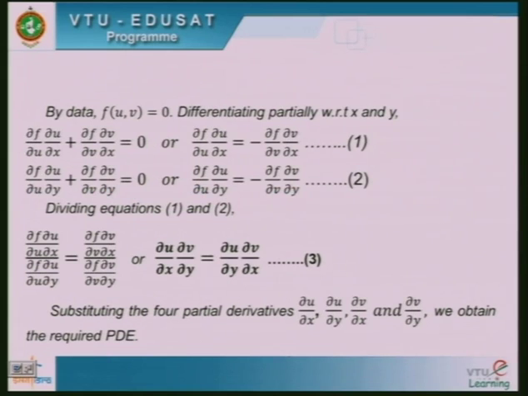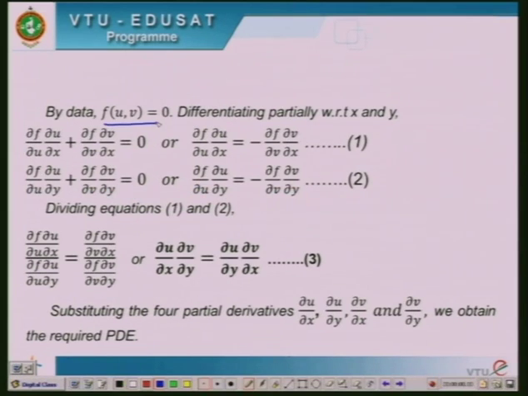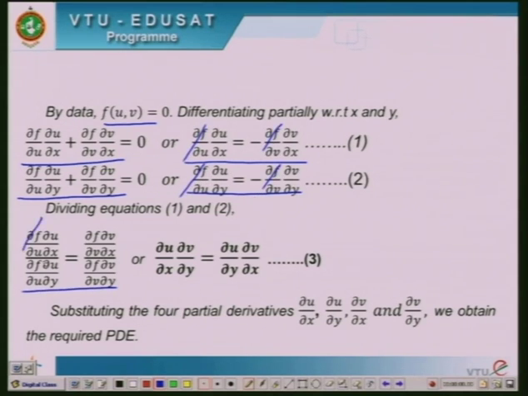So, you start with f of u comma v equal to 0, apply chain rule, differentiate partially with respect to x first, then differentiate partially with respect to y, then obtain these expressions by shifting the second term to the RHS, then divide the two expressions, which will cancel dou f by dou u and dou f by dou v, and finally cross multiply to get this relation: dou u by dou x into dou v by dou y equal to dou u by dou y into dou v by dou x.